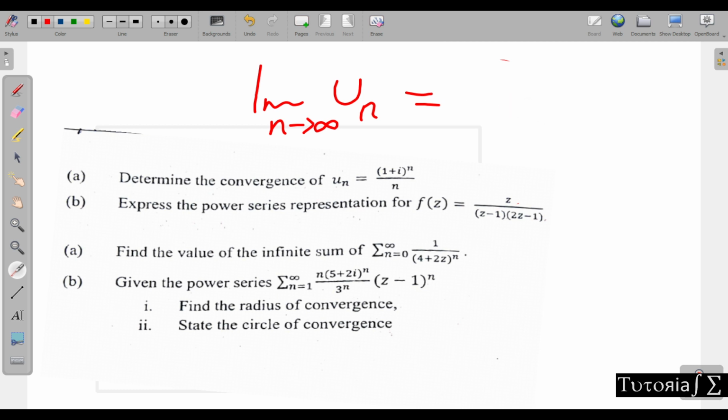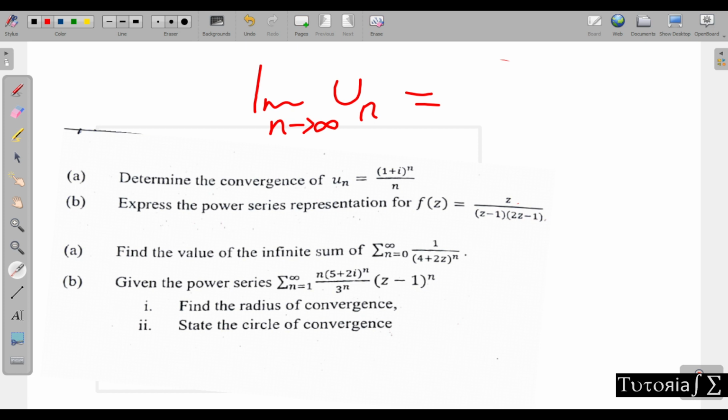That's why it's called conditional convergence. So the question is: what is conditional convergence?